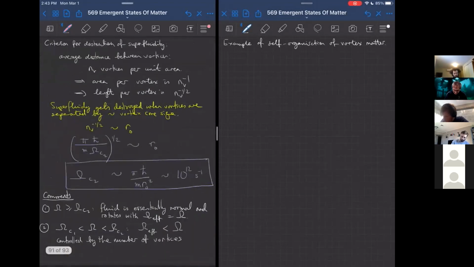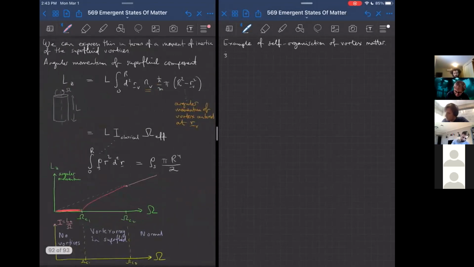So we can just round out our comments by mentioning the connection to superconductivity. Later in the course we'll talk about what happens when you have a charged superfluid, which is what a superconductor is.